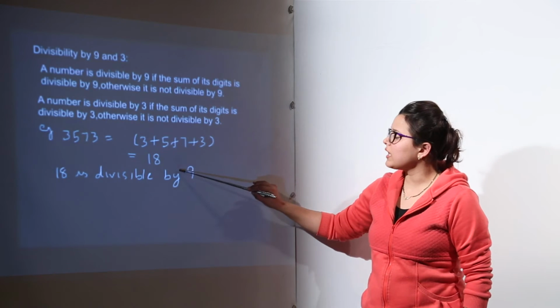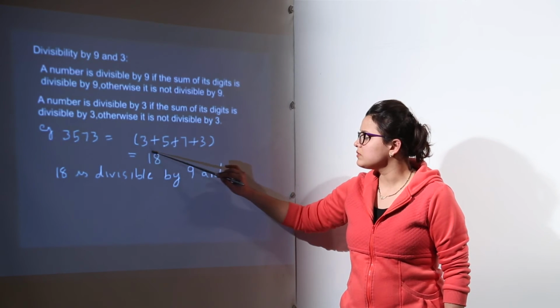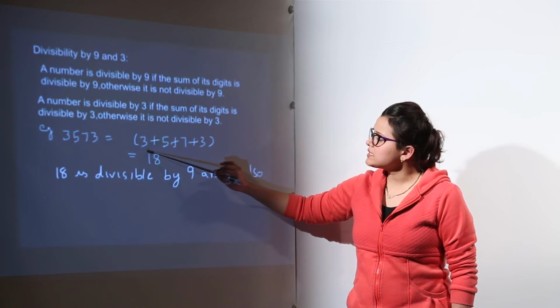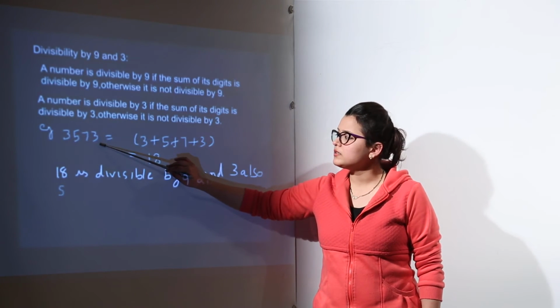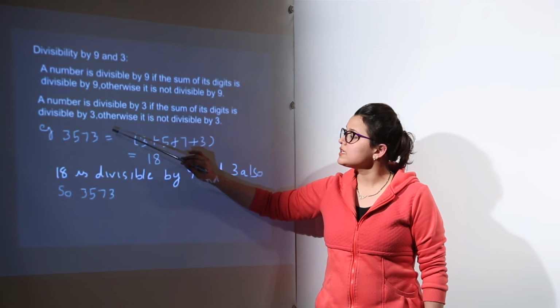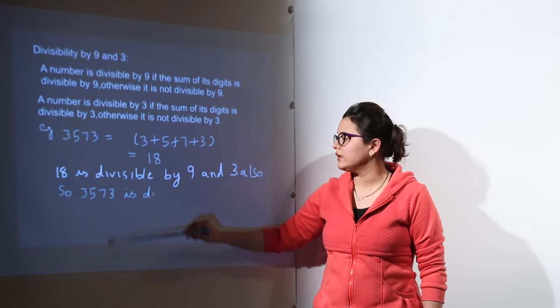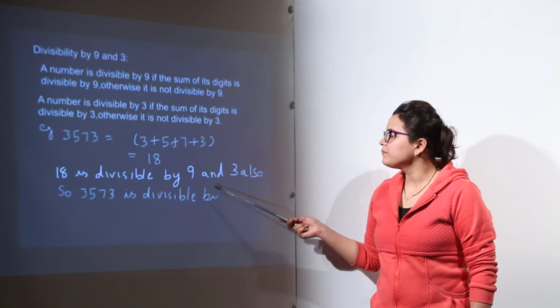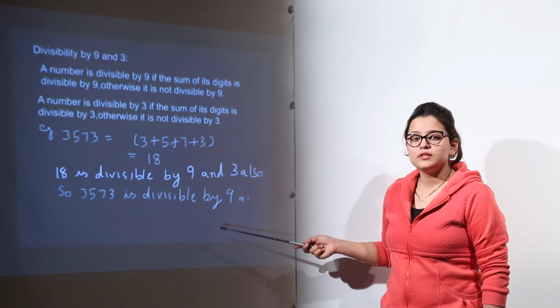I am doing it for 9. So I write that 18 is divisible by 9 and 3, right? So we can say that this number, 3573, is going to be divisible by 3 as well as by 9. So we write that 3573 is divisible by 9 also and by 3 also.